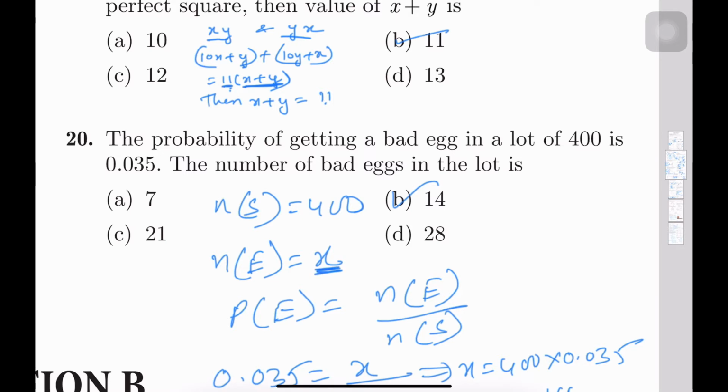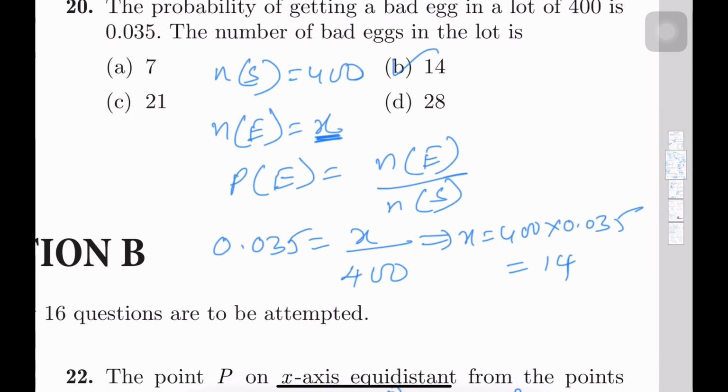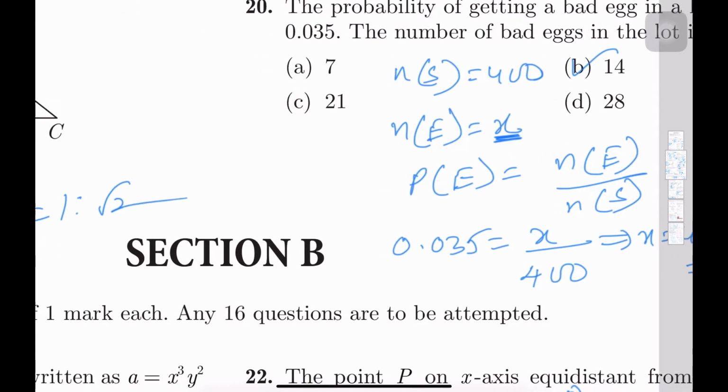We have to find out the number of bad eggs. So probability of getting bad eggs is equal to the number of bad eggs by the total number of eggs. So that is x by 400 equal to 0.035. If you cross multiply, you will get 400 into 0.035, that is equal to 14.